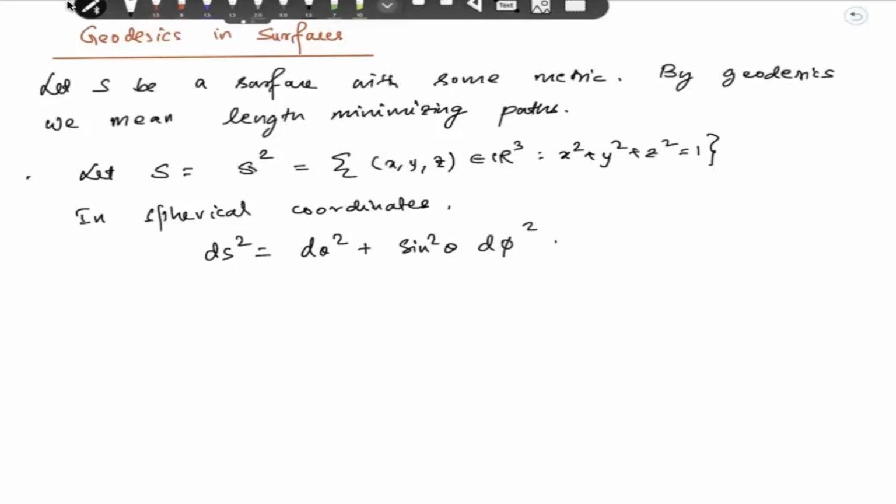Now let us take 2 points on the unit sphere and try to find the length minimizing path between those 2 points.